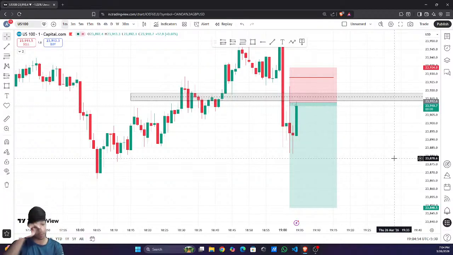If there is a reversal, the problem is it has already fallen 1%. So I also don't think it can continue for another. But let's see. Yeah, there is.